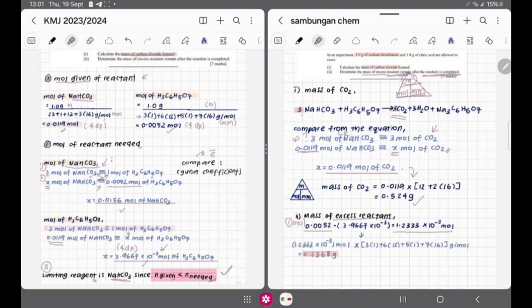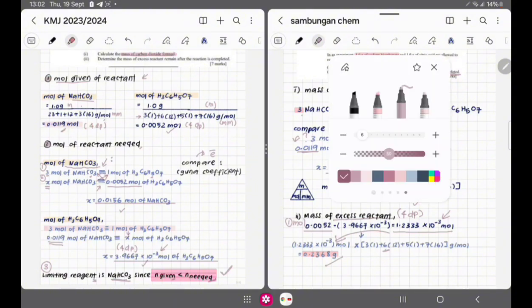And then kalau dah dapat jawapan macam ni, just leave it in this power form and also make sure to write in 4 decimal place. So kalau nak dapat mass, mestilah mole times molar mass. So therefore guna mole ni, then molar mass is definitely molar mass of the excess reactant. Who is the excess reactant? Citric acid. So ni molar mass of citric acid. Then kita akan dapat jawapan 0.2368 gram.